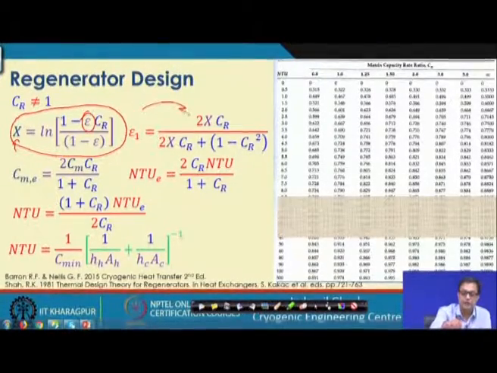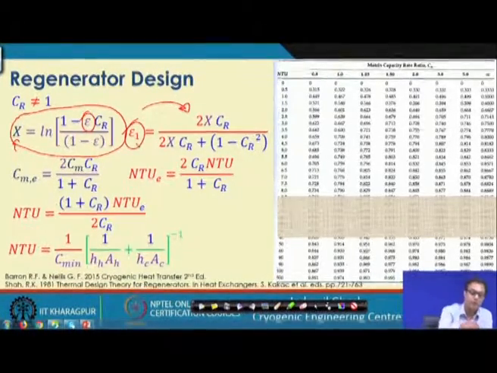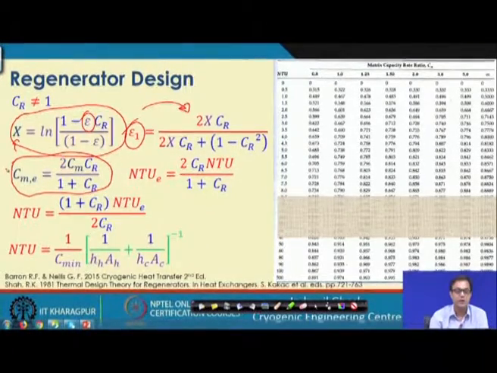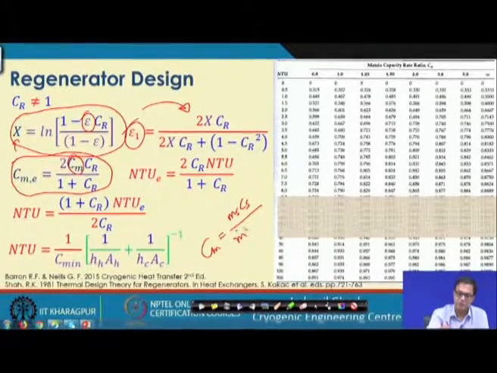Once we know the x, we can find out the epsilon 1, this is the reduced value, but we do not have any idea about the CME, because CME contains Cm and that Cm contains Ms Cs by m dot Cp.